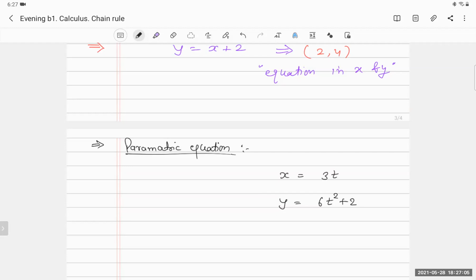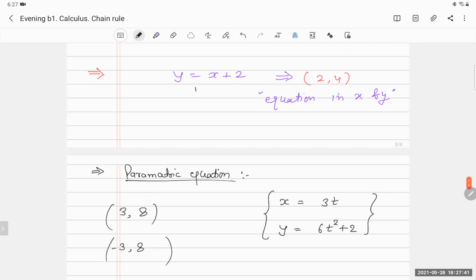Now tell me which point will lie on this line. Suppose I put t equal to 1, so it will become 3 comma what? 8. So 3 comma 8 will lie on this function. And again, if I check, suppose I take t equal to -1, it will become -3, 8, and so on. So these kinds of equations are called parametric equations.